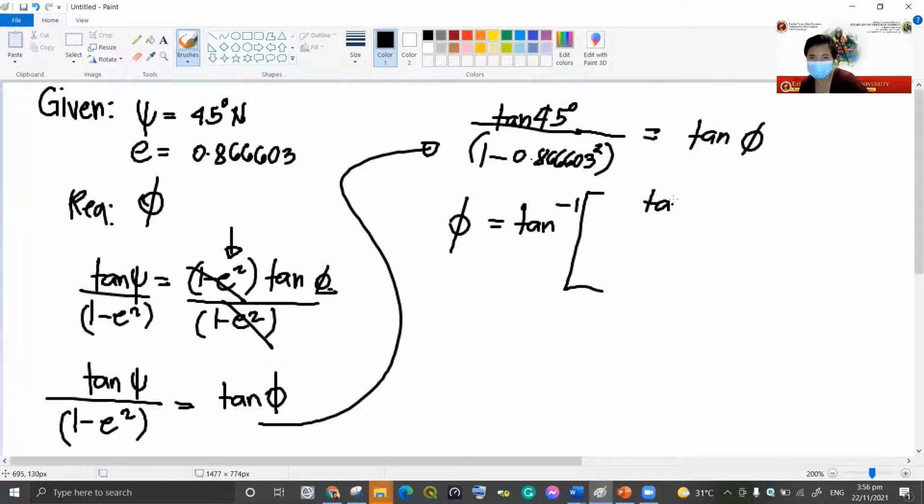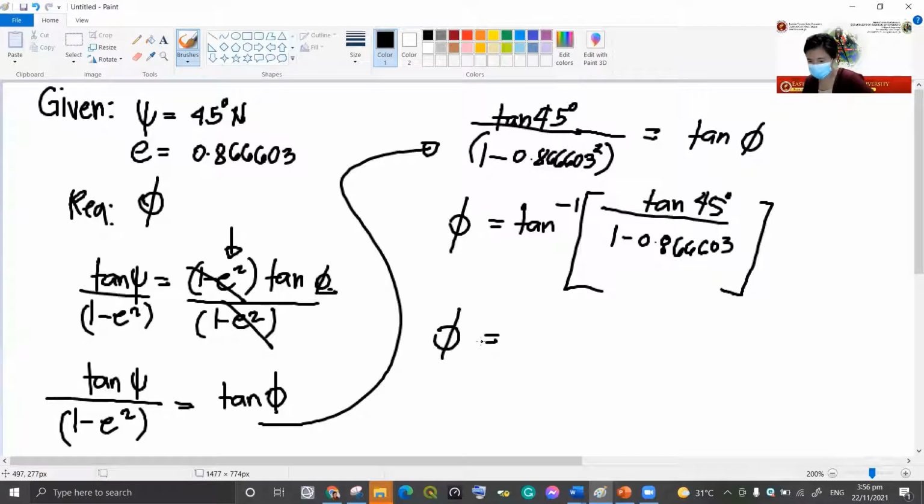We have tangent 45 degrees over 1 minus 0.866603 squared. Then the geodetic is equal to, have your calculator please: shift tangent 45 degrees all over 1 minus 0.866603 squared.